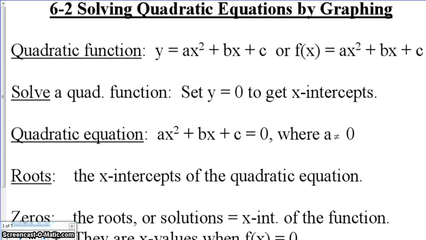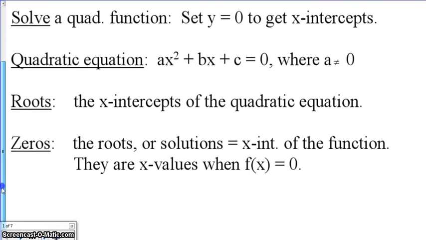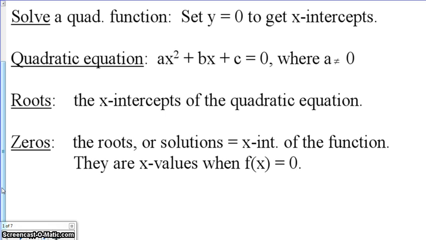Our quadratic equation, remember, is where a does not equal 0. Otherwise, that would not be a quadratic equation that we're dealing with. The roots are the x-intercepts of the quadratic equation, and zeros are the roots or solutions where the x-intercept of the function is what we're finding.